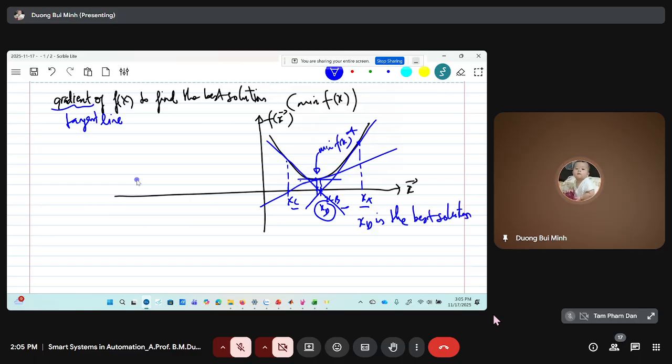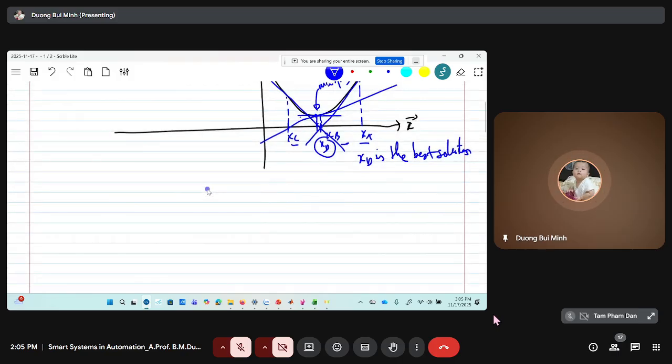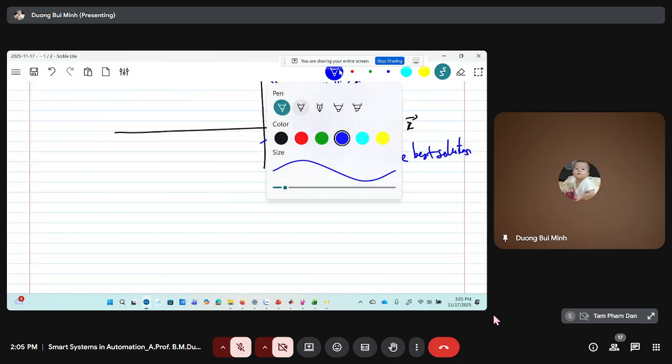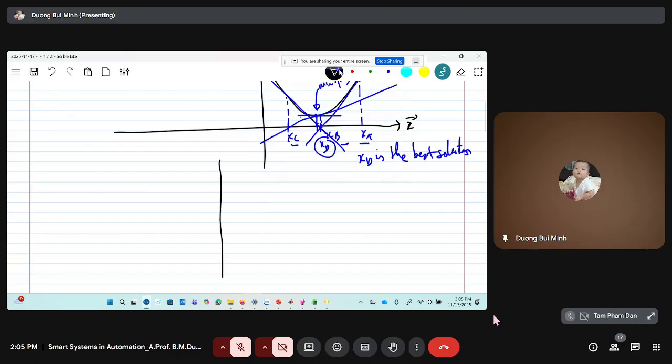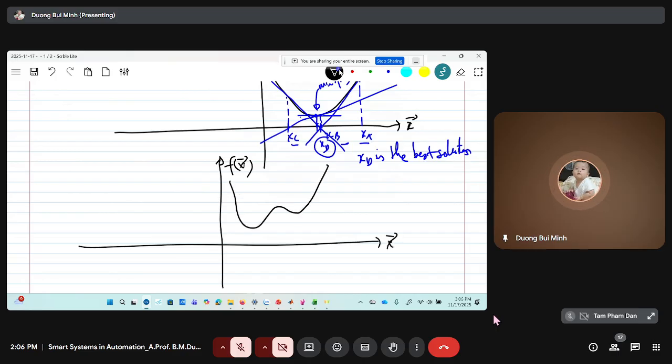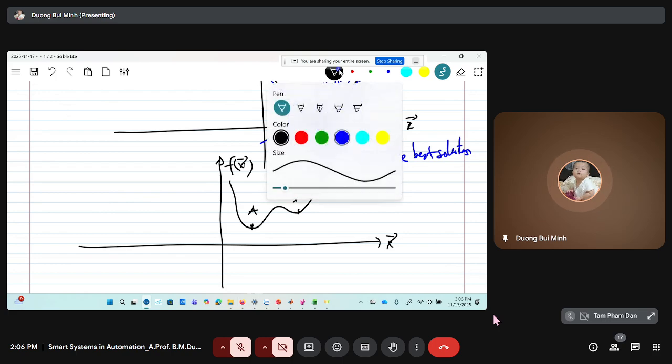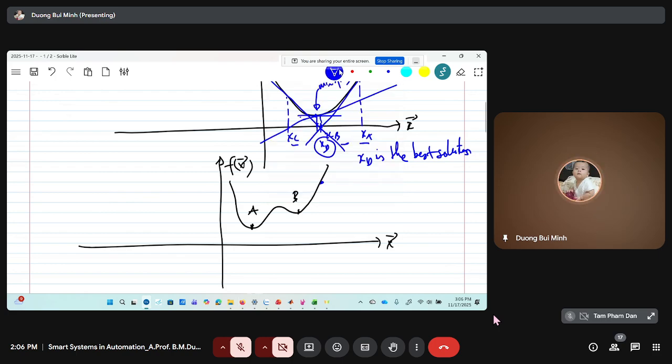But now we have another f(x), like this. This is point A and this is point B. You choose point A here and draw the tangent, and you get xa.